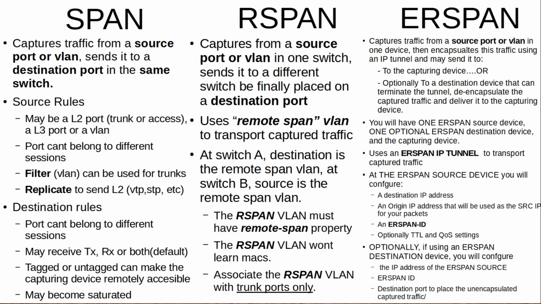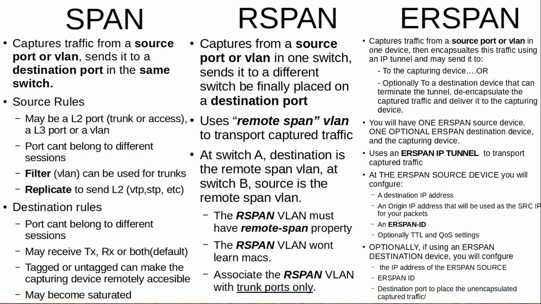Your capturing device could be anything from a simple laptop that has Wireshark, which is publicly available software, or you can go as far as having a server with professional software to capture traffic.